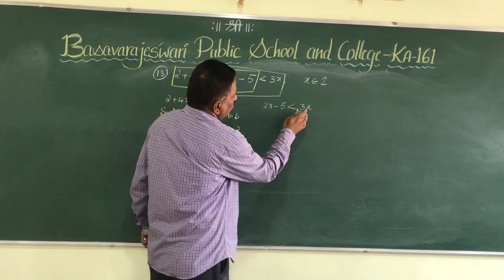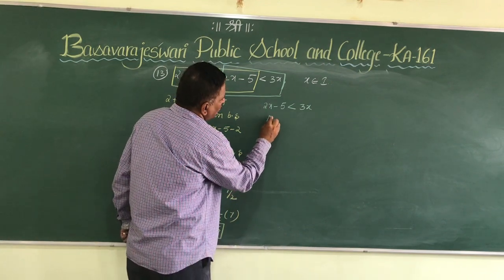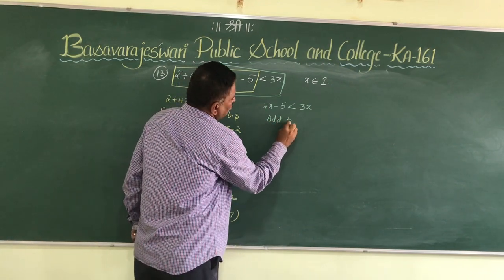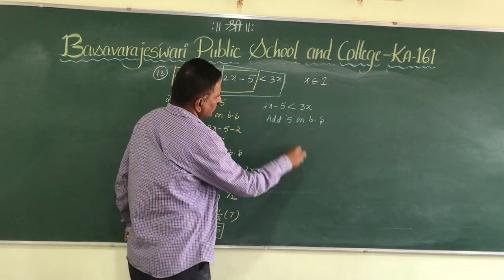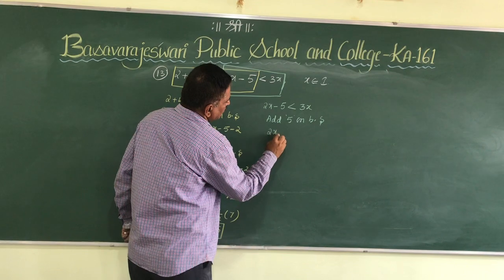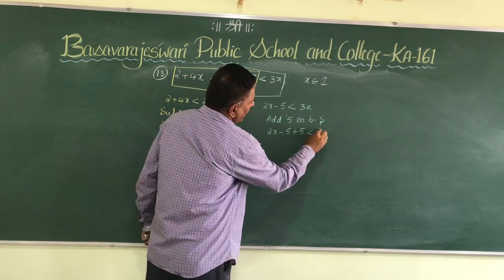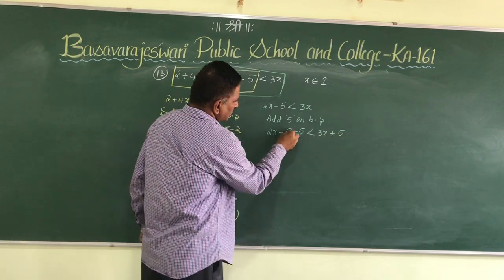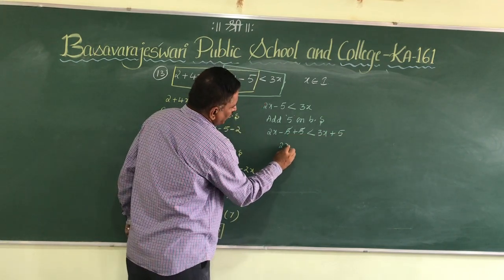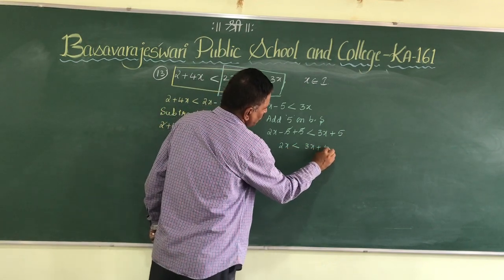Next, the other part. This one. So 5 that side and 3x this side. Again, I have to add 5 on both sides. That is 2x minus 5 plus 5 is less than 3x plus 5. But these two will get cancelled. I will get 2x is less than 3x plus 5.